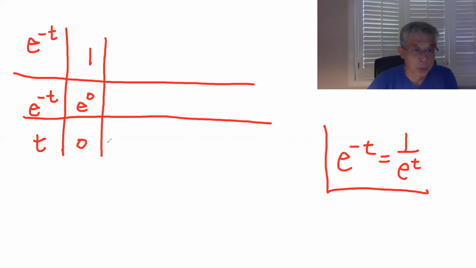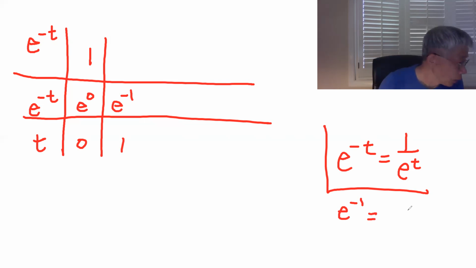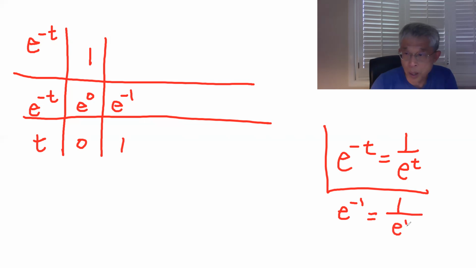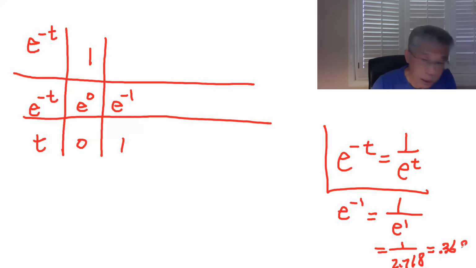And then when T equal to 1, then this is E negative 1, right? So E negative 1, I computed. E negative 1 is equal to 1 over E1, which is equal to 1 over 2.718, which is equal to a little more than 0.3, right? 0.368, okay?